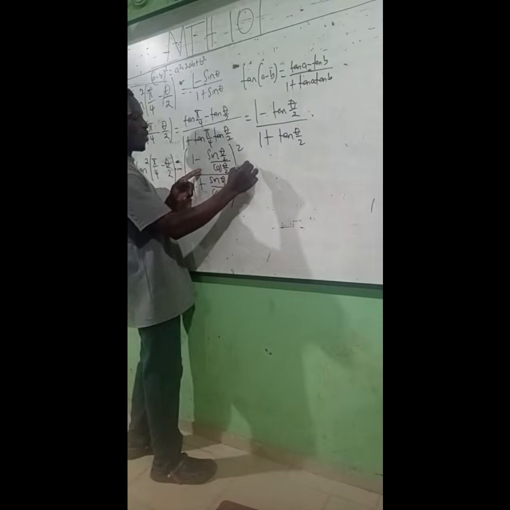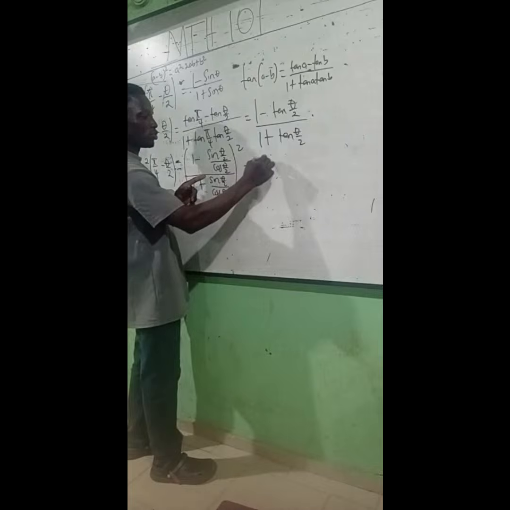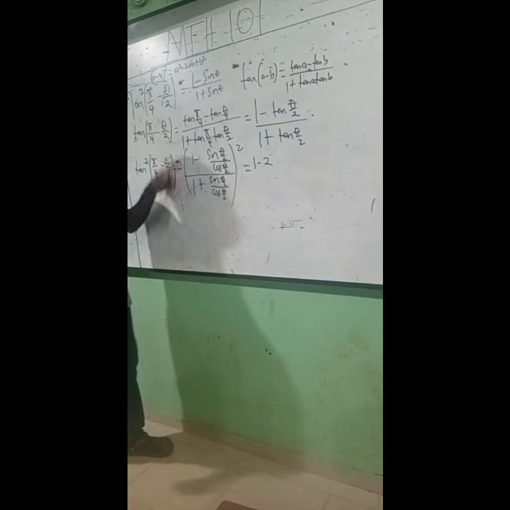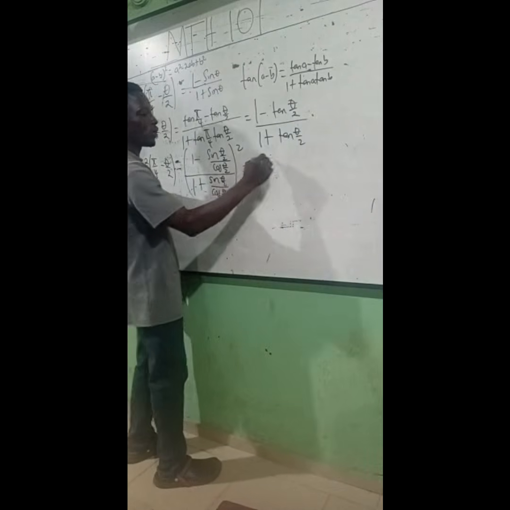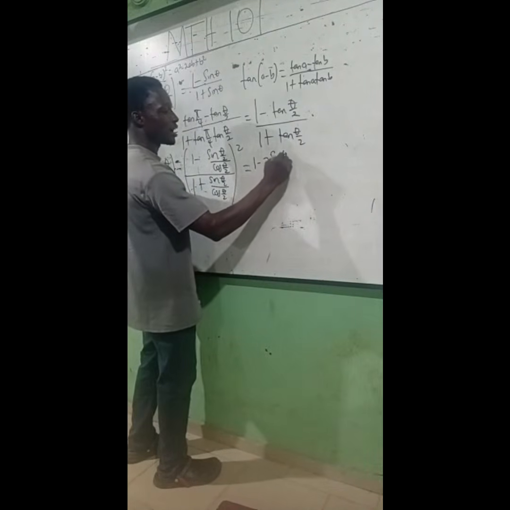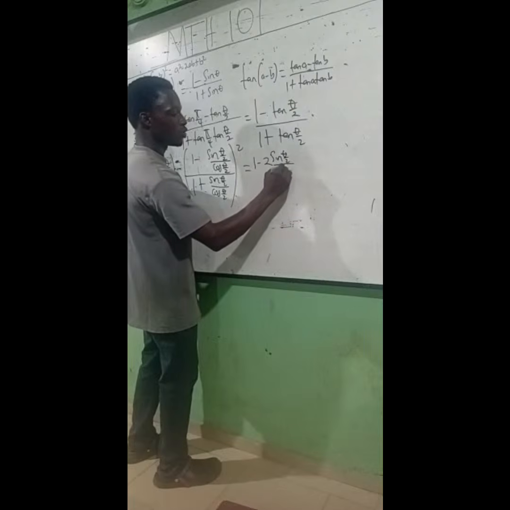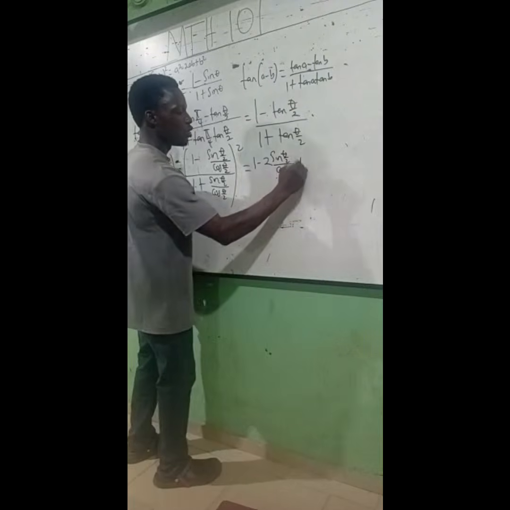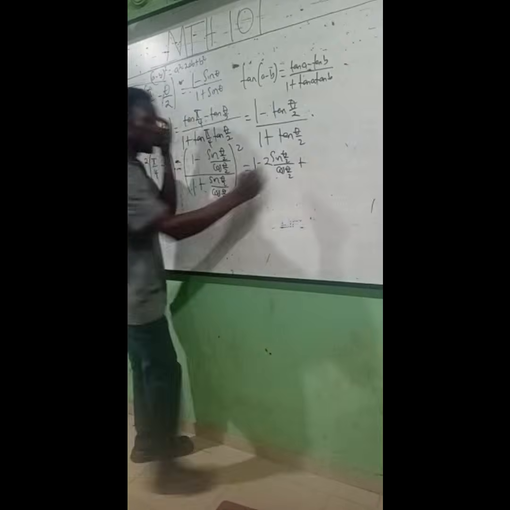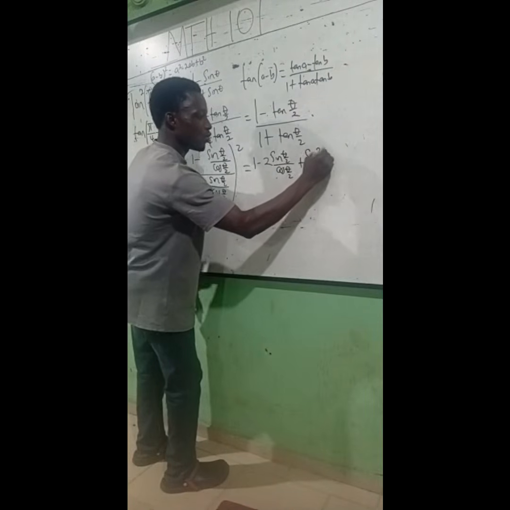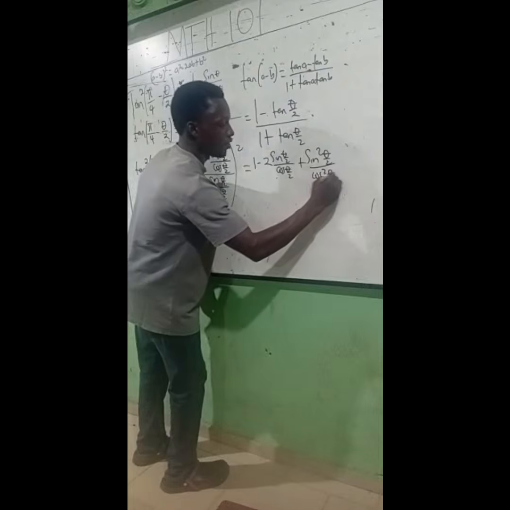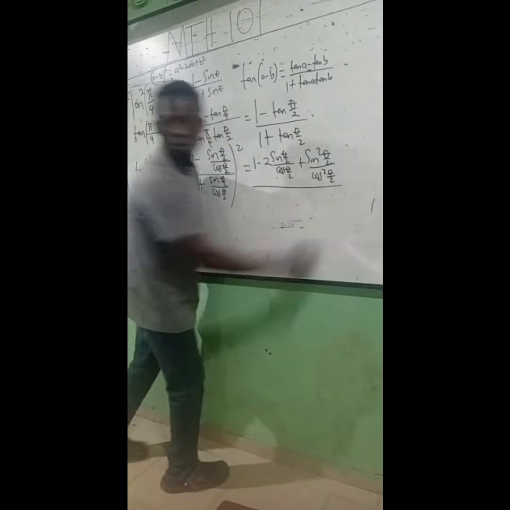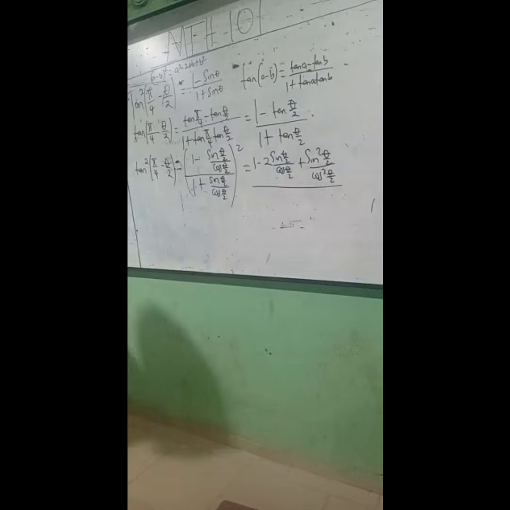So here we are going to have 1 square, which is 1, minus 2ab, 2 times 1 times this, going to give us 2 sin theta over 2 over cos theta over 2, plus b square. If you square this, you are going to get sin square theta over 2 divided by cos square theta over 2.